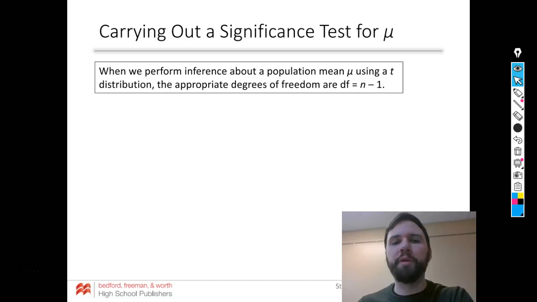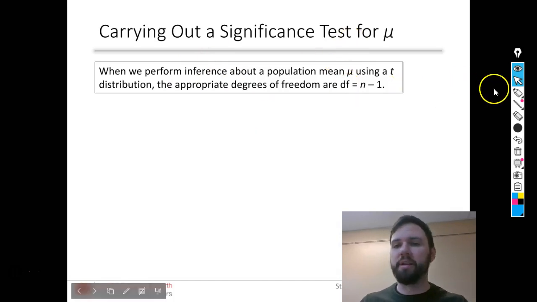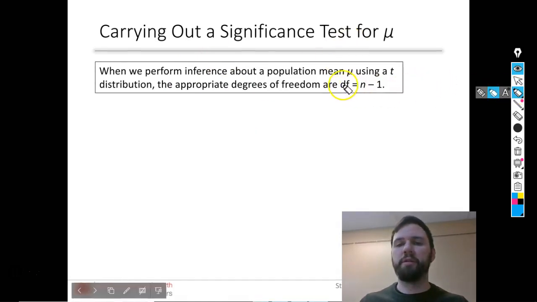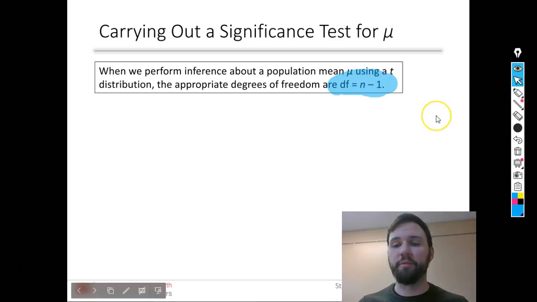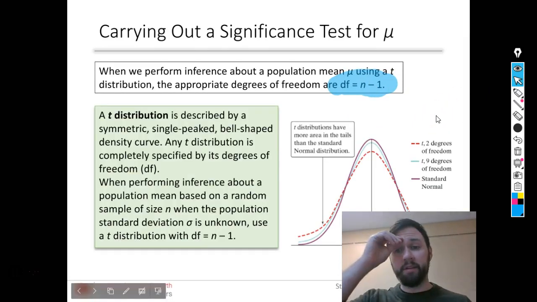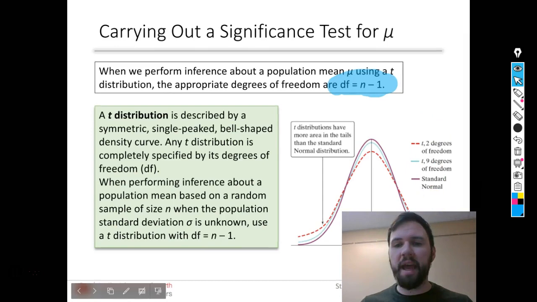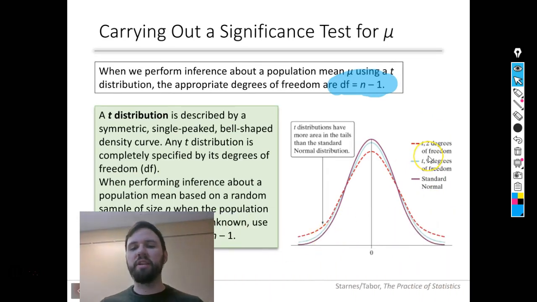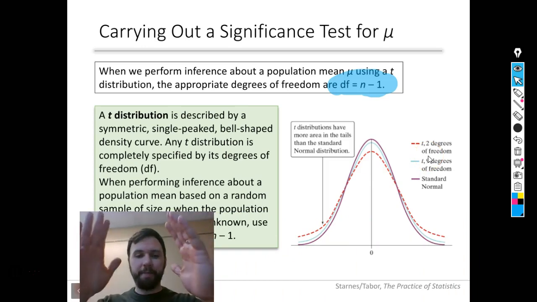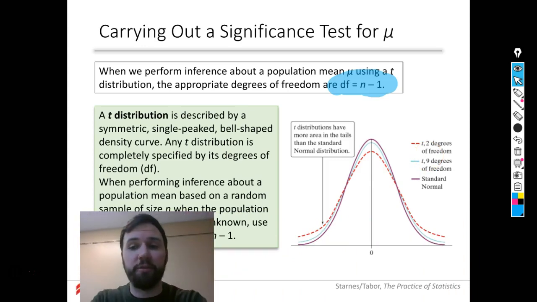When we perform this, we're going to be looking at degrees of freedom, just like we did with our confidence intervals. Our degrees of freedom is n minus 1, so we take our sample size and subtract 1 to find our degrees of freedom for t, because that's important. As you change degrees of freedom, it changes how spread out your t distribution is.